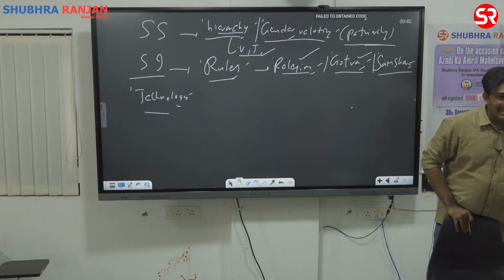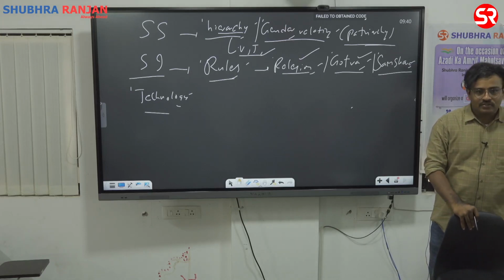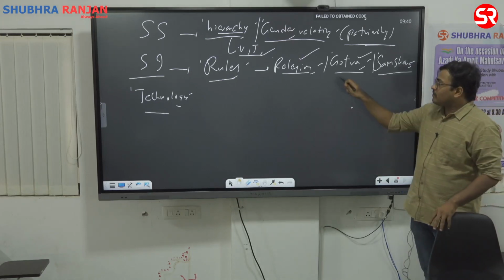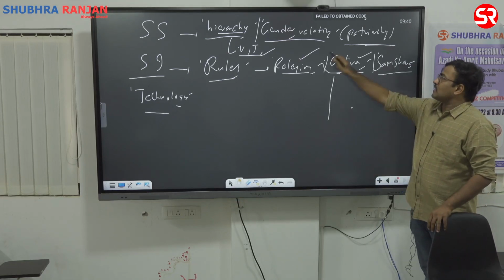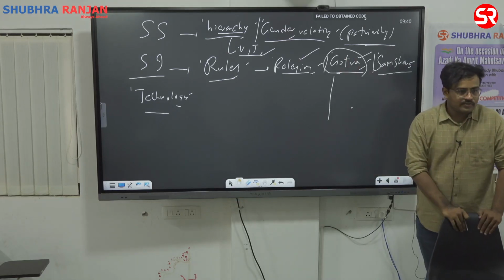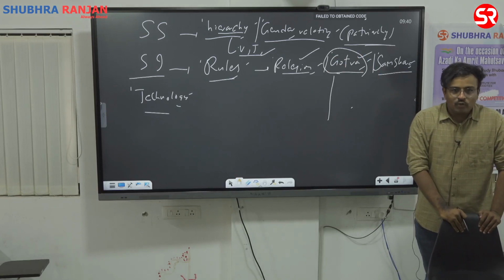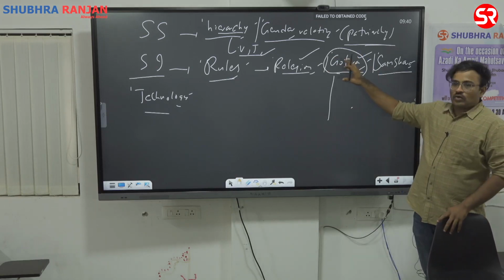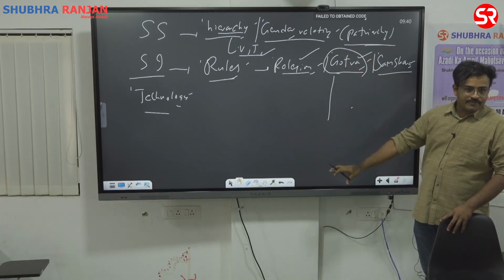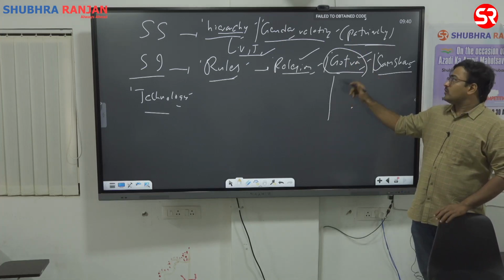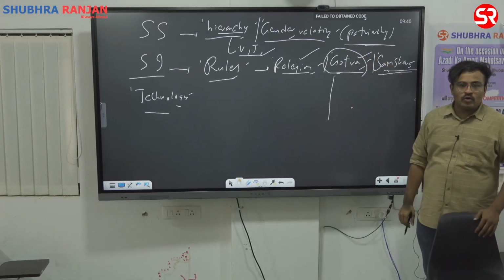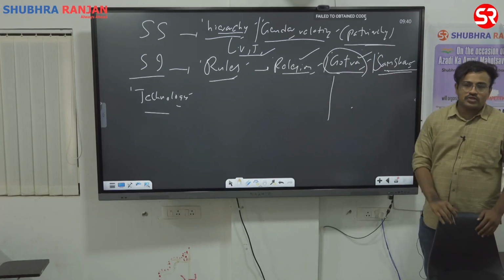Gotra is in fact a signifier of lineage. Lineage means how people have descended from one to another, and that is reflected by the Gotra. People who belong to the same Gotra are typically descendants of the same family group. So Gotra is one, Samskara is one more, and all of these are considered social institutions.